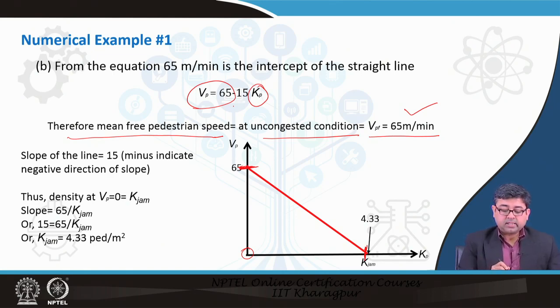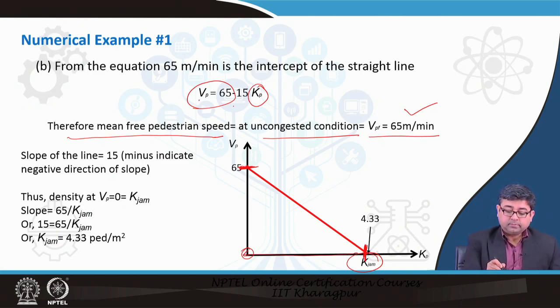Secondly, what you know is that the slope of the line is minus 15 times the Kp value, and the point at which this curve cuts the x axis is called the jam density. At jam density, the speed becomes 0.